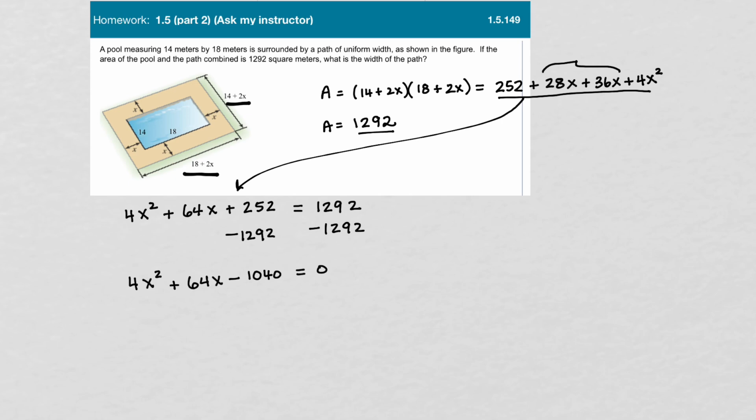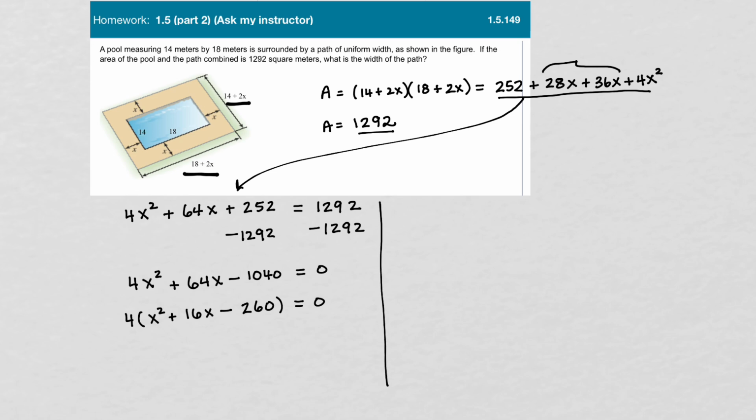Now, I do have a 4 in common to all of these terms, so I'm going to factor that out to make the numbers a little smaller. So I have 4 times x squared plus 16x minus 260. It's a little better.